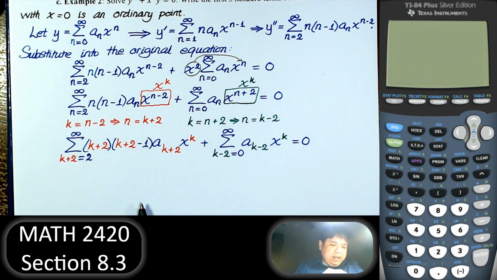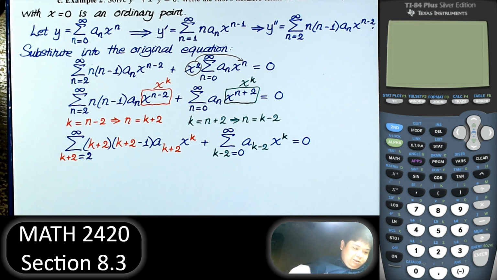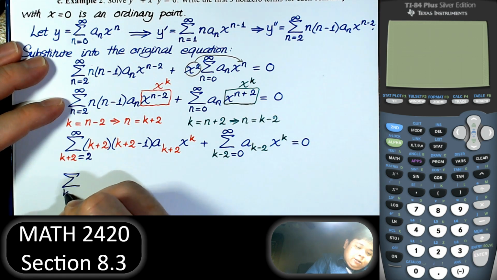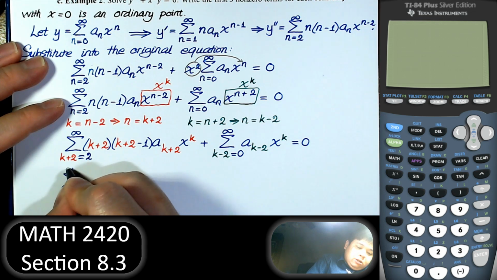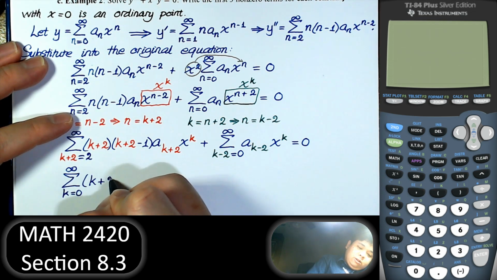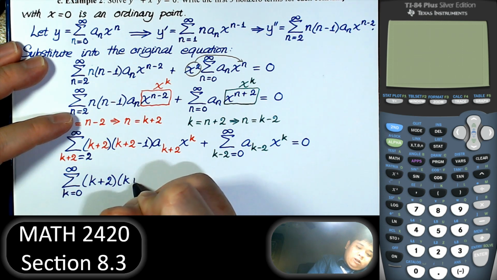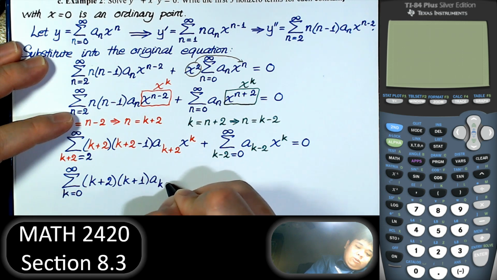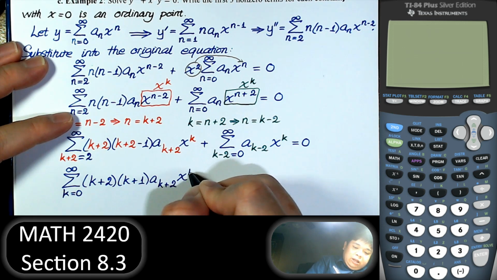Right. Now let's simplify this a little. K plus 2 equal to 2. Subtract 2 on both sides. K plus 2, k plus 1, a sub k plus 2, x to the k.